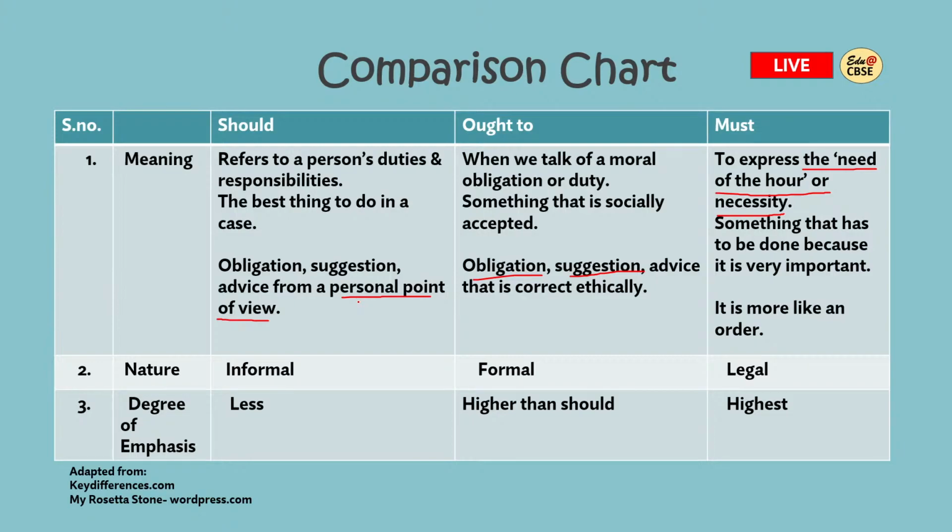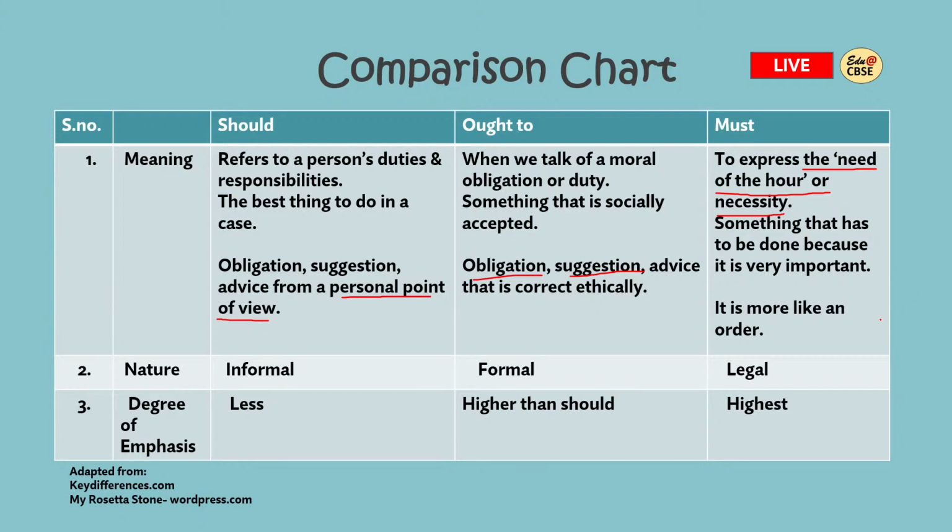And the person to whom he is giving the advice, it depends upon that person whether he wants to accept that advice, whether he wants to follow that suggestion or not. लेकिन ought to जो है वो suggestion या obligation है, that is due to social ethics, that is due to the society, तो वो मानने ही चाहिए. So this is the difference.